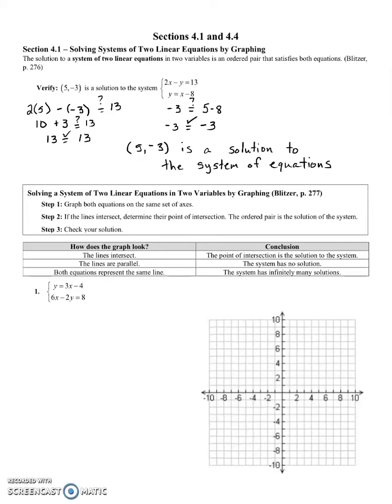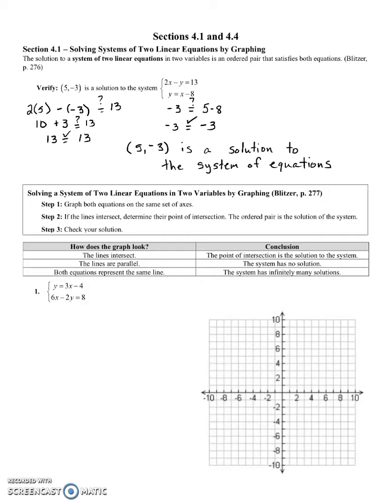Okay, so how do we solve these by graphing? Well, notice our solution is a point. So let's think about what lines look like. If we graph them on the same graph, if they intersect, the point where they intersect is the solution.